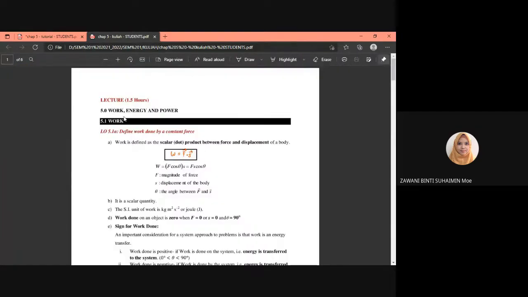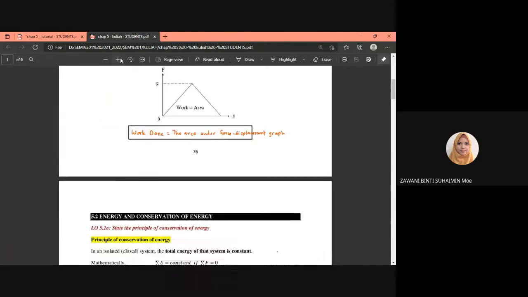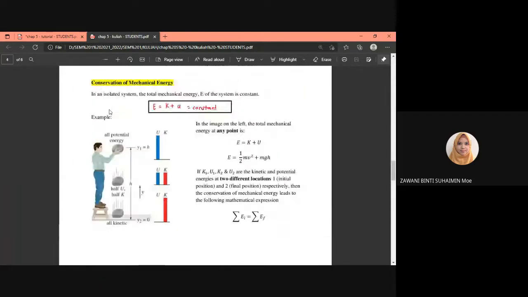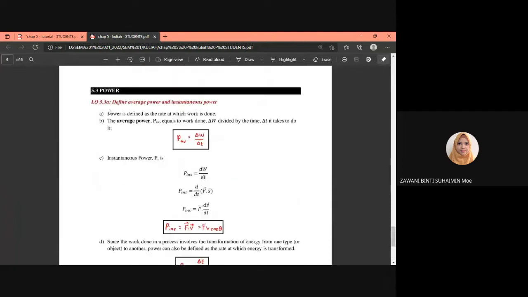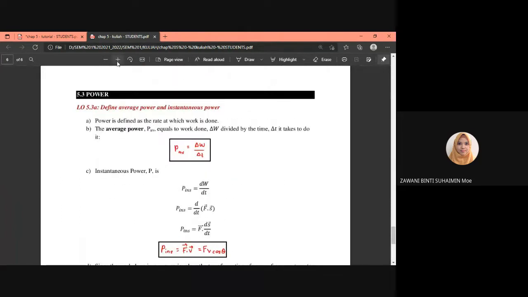Okay, jap. Okay, so power. Kita tengok sikit nota kuliah. Okay, ni bahagian power lah. Tajuk last sekali, subtopik last sekali.